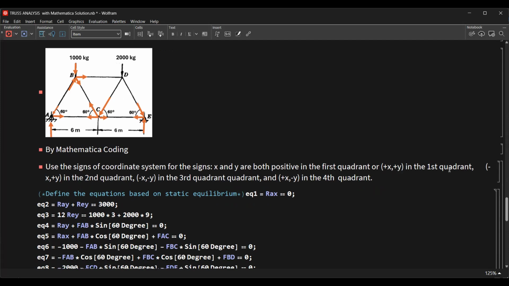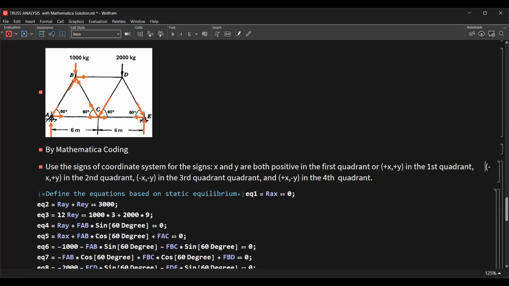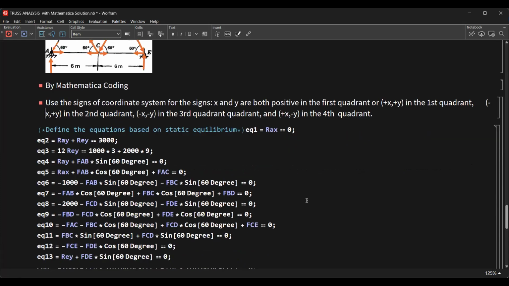In the second quadrant we have negative x and positive y, in the third quadrant negative x and negative y, and in the fourth quadrant positive x and negative y.